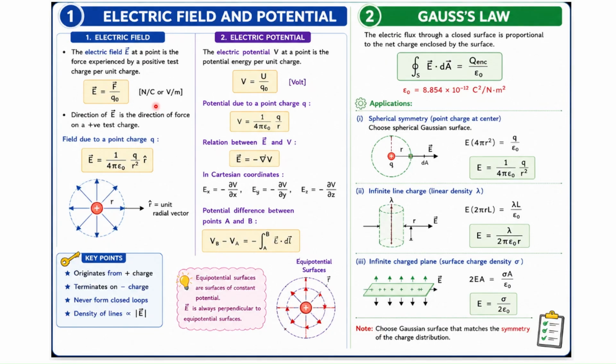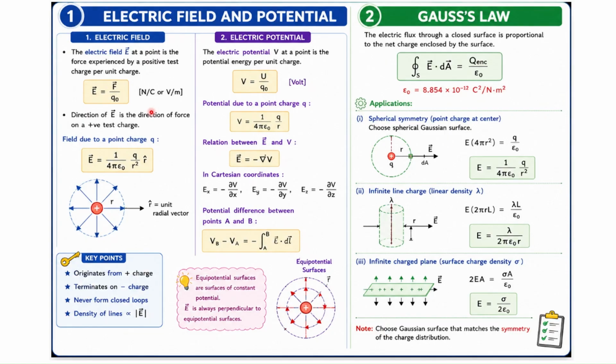This is very important because the direction of E is defined by the direction of the force on a positive test charge. So if you put a positive charge in an electric field, it moves with the field. If you put a negative charge in, it moves opposite to that field.